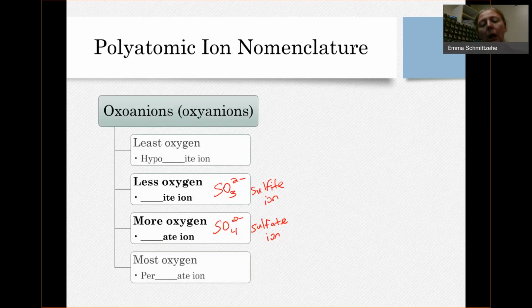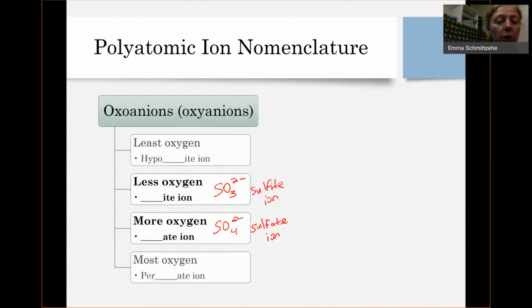Now, like I said, there are some oxoanions that can combine in four different ratios with oxygen. The most common ones of those are the halogens. For instance, chlorine can combine with 1, 2, 3, or 4 oxygens and then take on an overall negative charge.